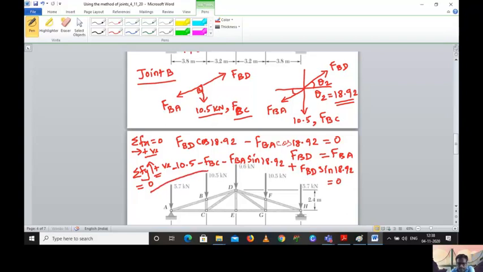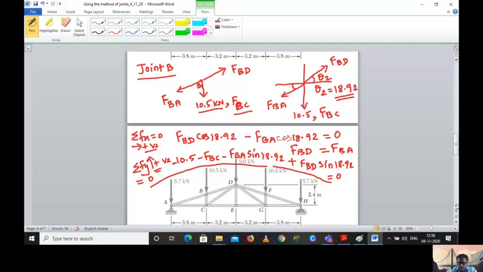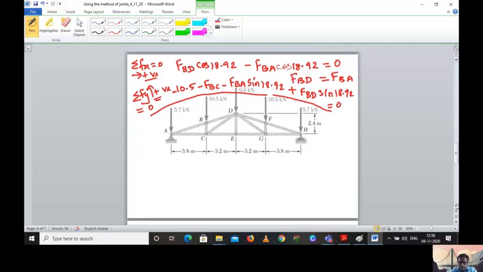This entire equation will give you the values of FBC and FBD. You already calculated FBA, so you can simply substitute and calculate the value of FBD. Because we said FBD is equal to FBA, FBD you will get as minus 47.2 kilonewton.